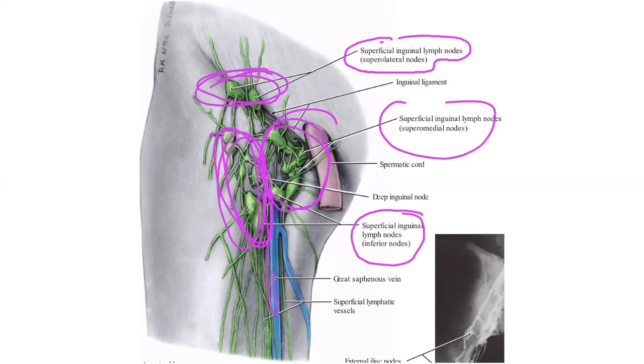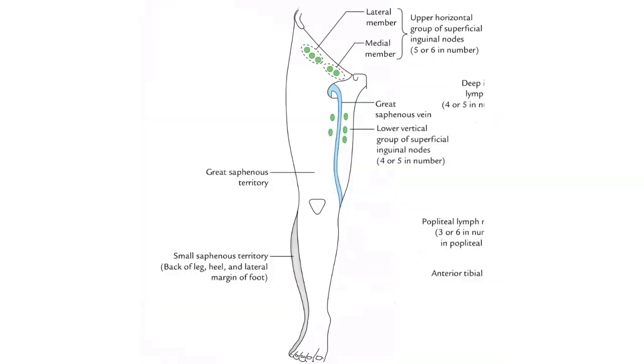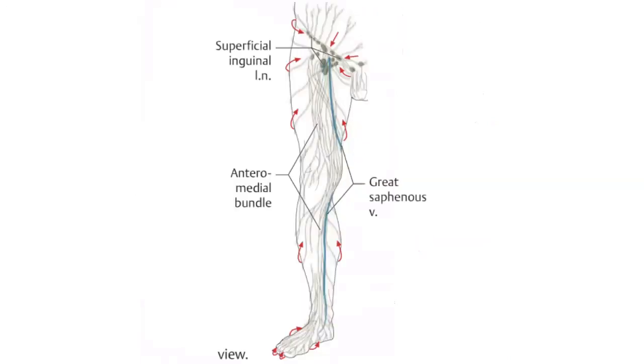Along with the great saphenous vein. Okay, you see lateral, medial, and vertical, lower vertical. So this is the direction of lymph flow. Lymph is collecting like this.